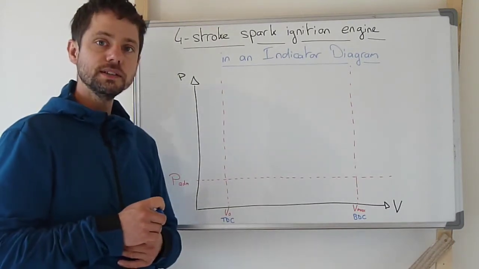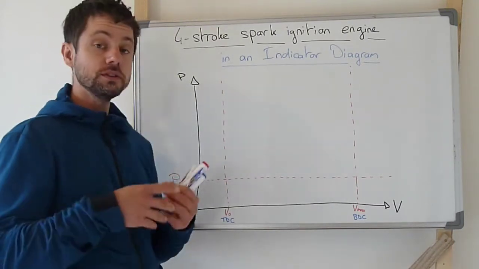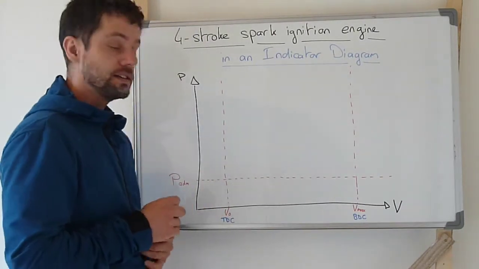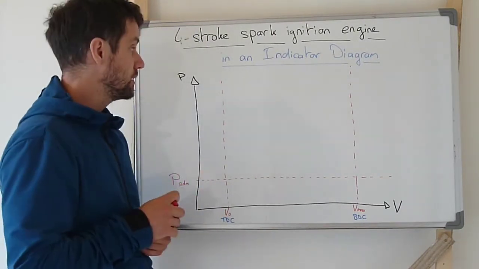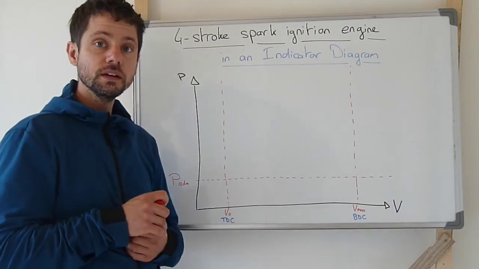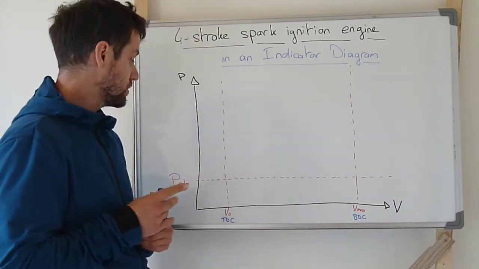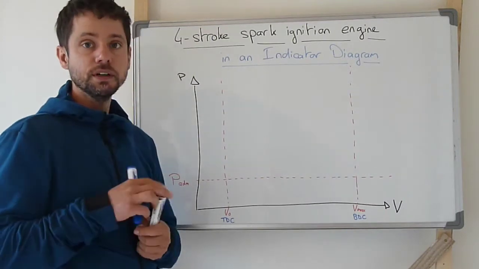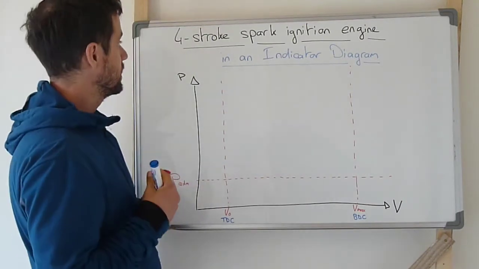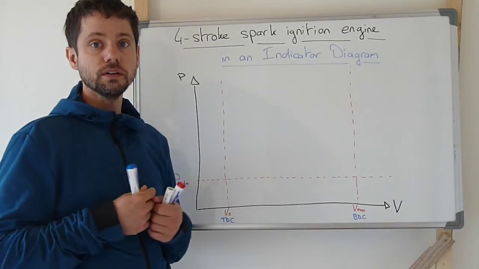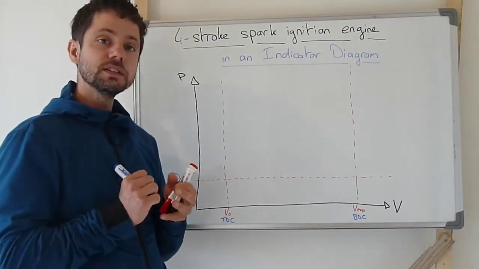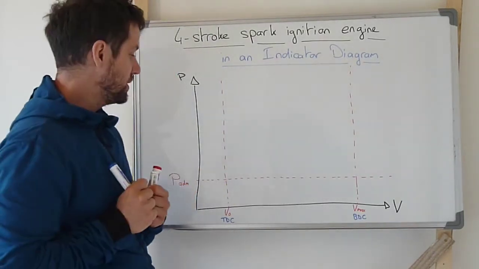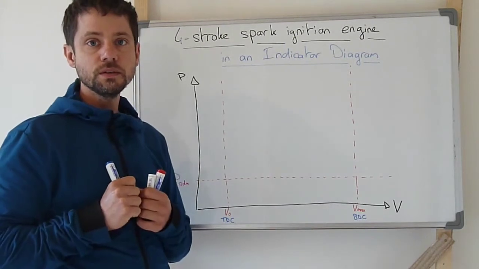So let's now describe the different transformations that are taking place inside the cylinder during the four strokes. We'll start with the same point as for the description of the cycle. So we consider that the piston is at the top dead center.